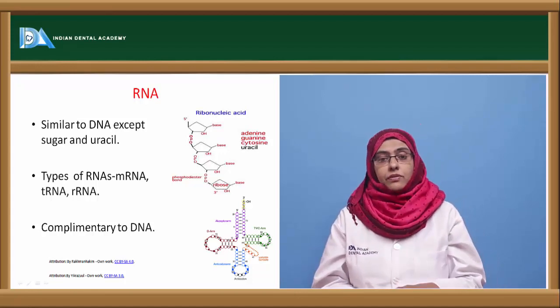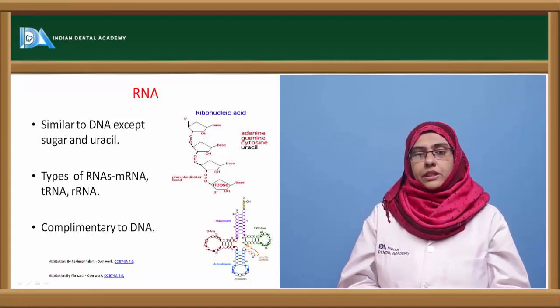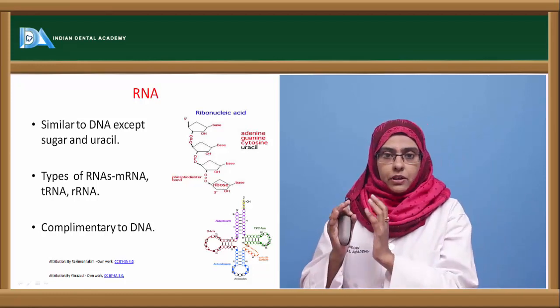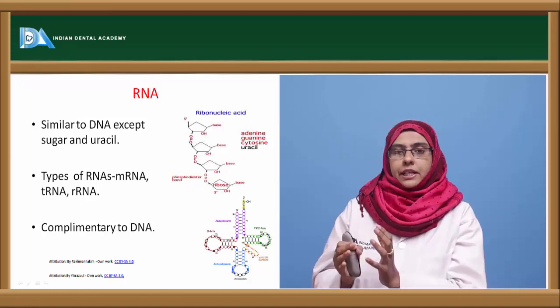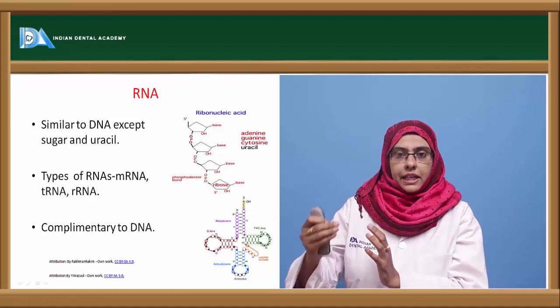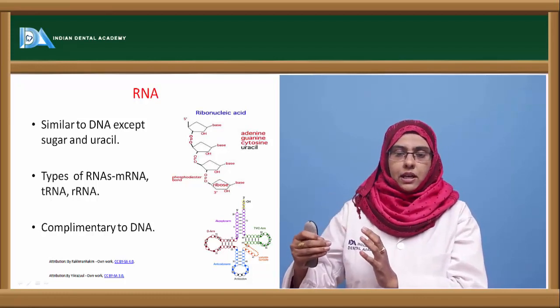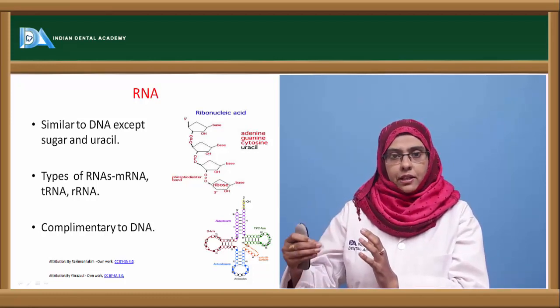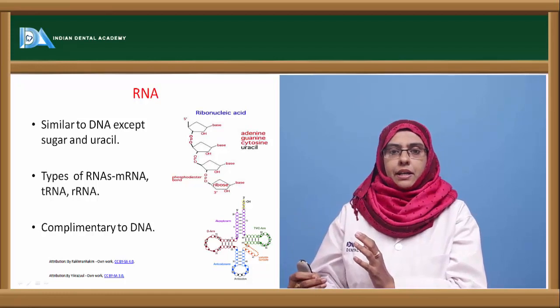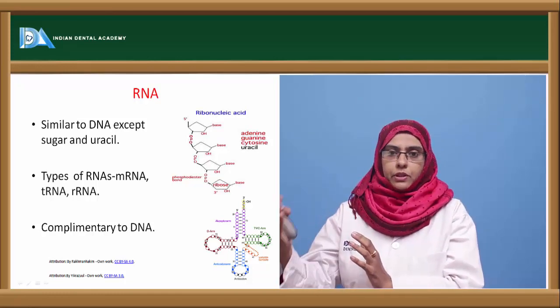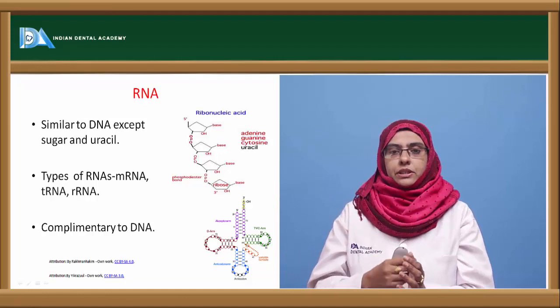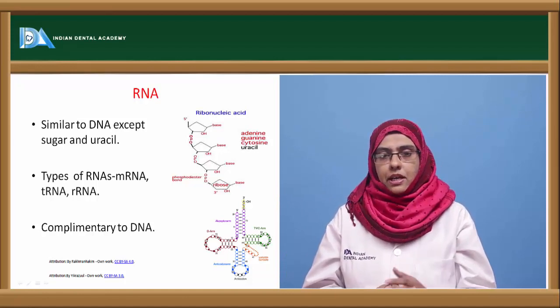But in eukaryotic protein synthesis, there is a particular nucleus where the DNA is present. So first the DNA has to be copied onto the primary transcript, which is later processed to synthesize the mRNA. mRNA moves from the nucleus to the cytoplasm where the proteins are synthesized from the ribosome.